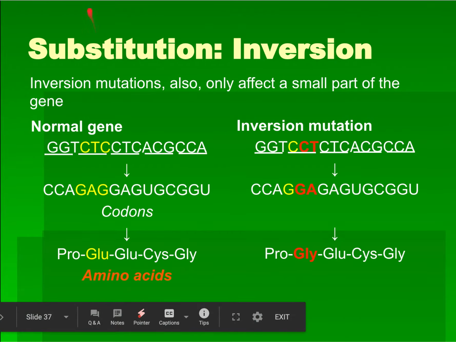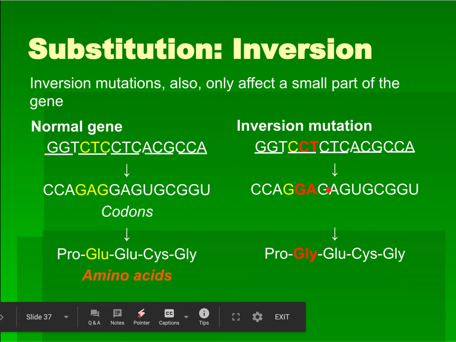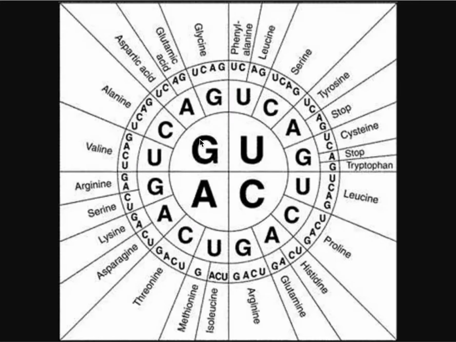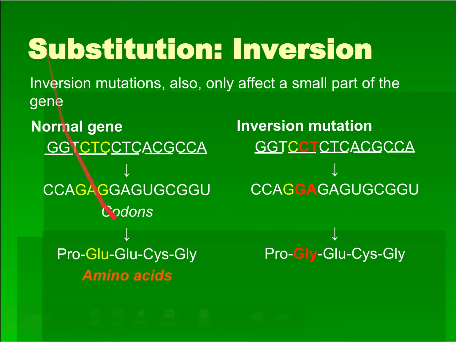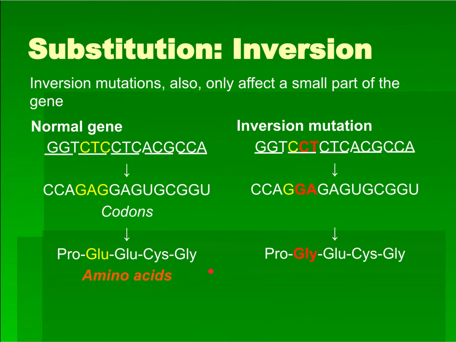So GAG, glutamic acid, GGA, glycine. So yes, inversion can have an effect on the phenotype of an organism, because making that protein is what is important, and our amino acid chain has changed.